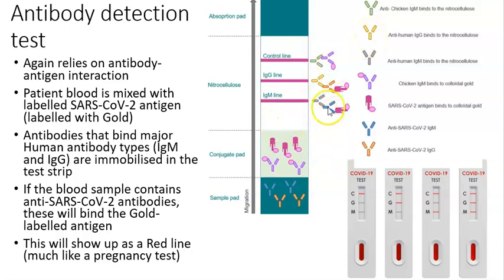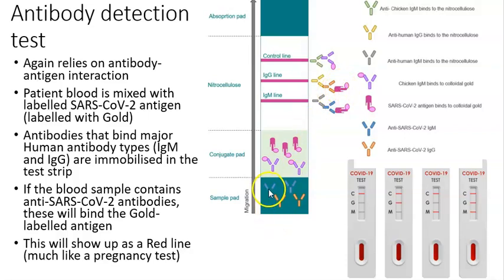Okay, now if you have this antibody in your blood, that antibody will bind to this protein which is labelled and then effectively deliver that labelled protein to this line here. So the anti-IgG antibody will capture the IgG, and the IgG is from your blood, which has captured the SARS-CoV-2 protein.